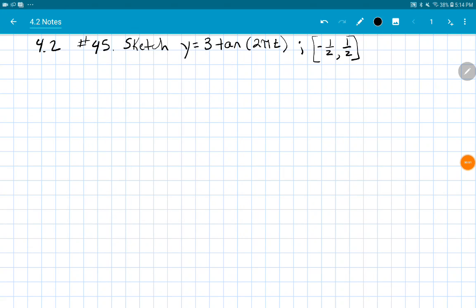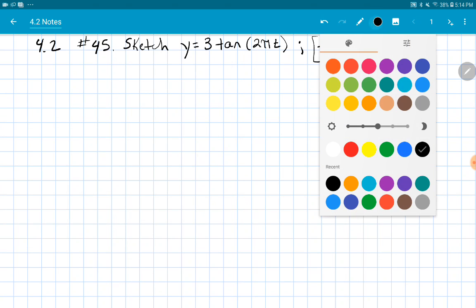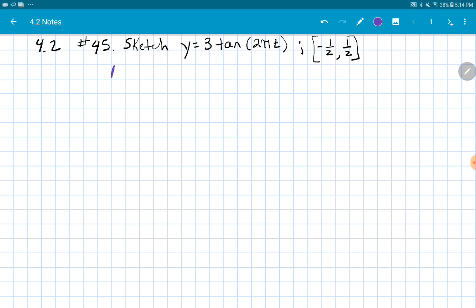In section 4.2, number 45, we're going to sketch y equals 3 tangent of 2 pi t on the interval of -1/2 to 1/2. We're going to start by noticing that a equals 3 and our b is 2 pi.